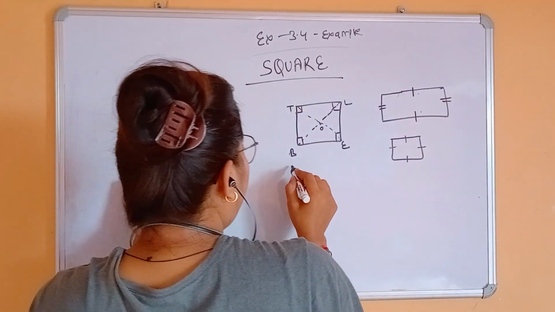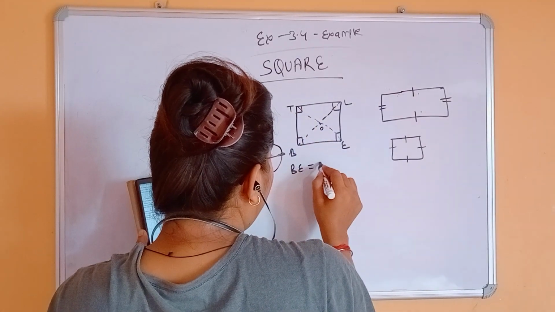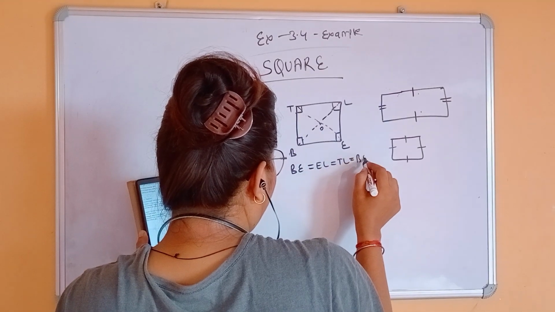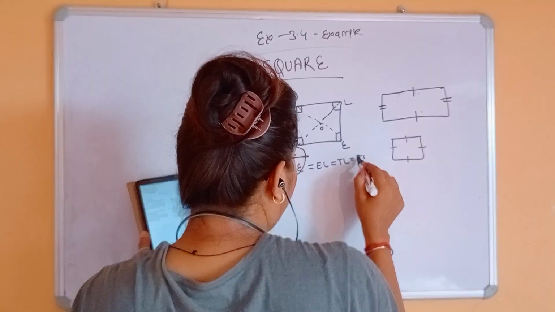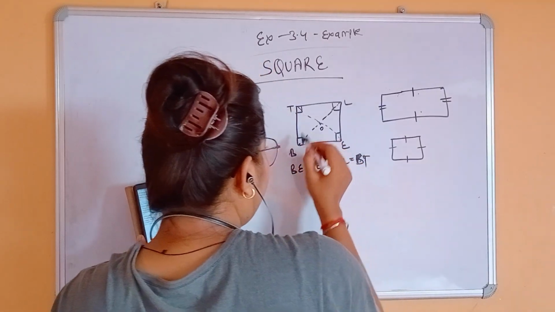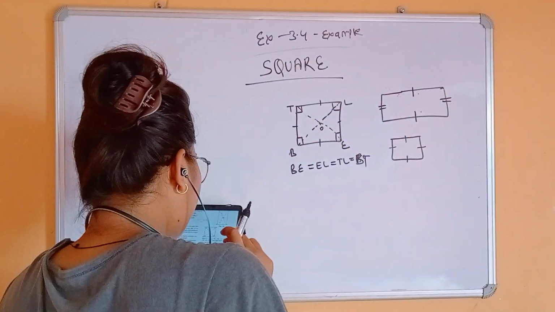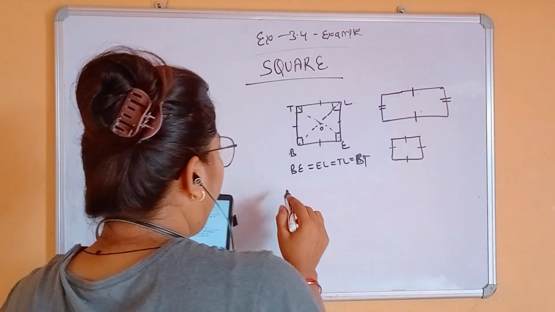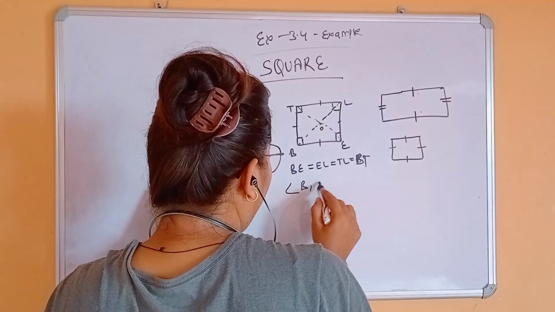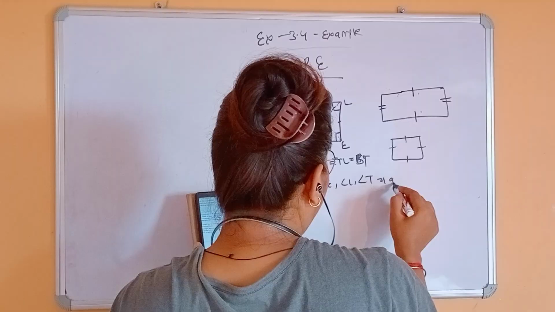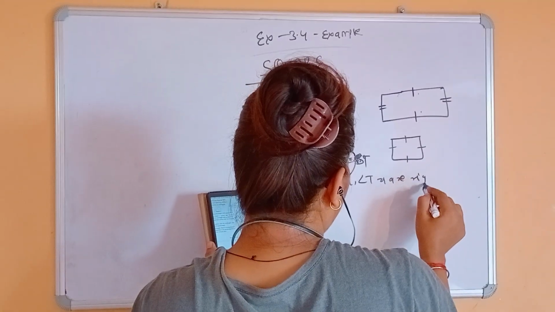In the square, BE equals EL equals LT equals TB, so all sides are equal. Angles B, E, L, T are all right angles.